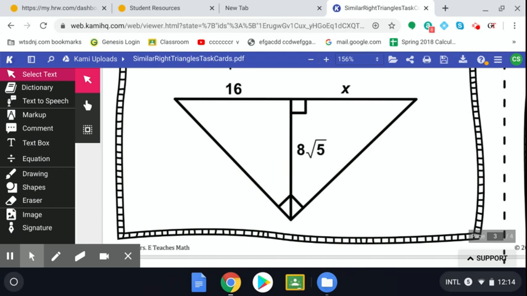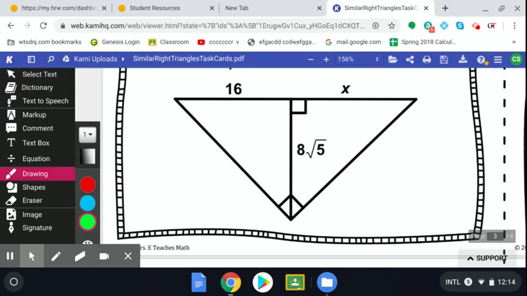This also, if you're talking about the height of any triangle, that is what we call the geometric mean, which I will visit later, okay? But essentially, let's say that shorter over longer equals shorter over longer.